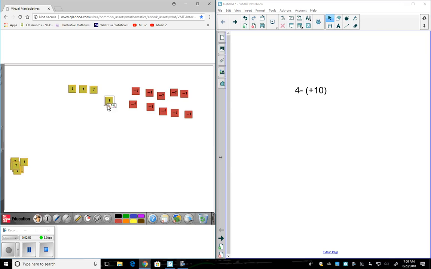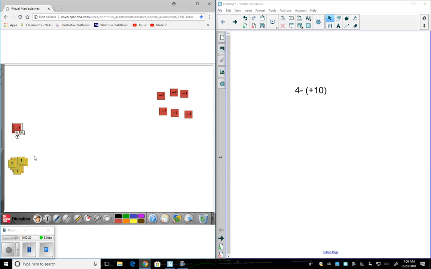Well, remember, when I have a positive and a negative, they cancel each other out. They become 0. And remember, 0 is non-essential, so it goes away. Well, here's another one, so I can clear them out. I can make one more 0 set until I have no more of either color.